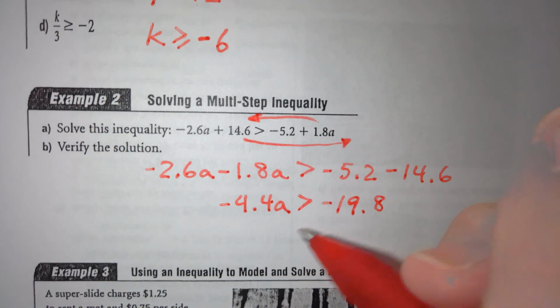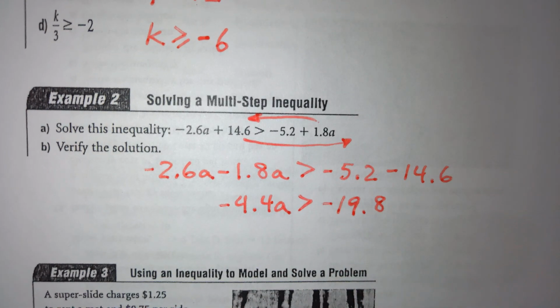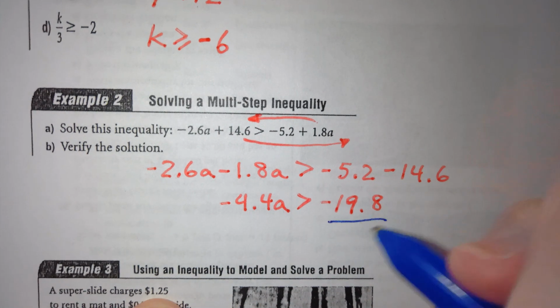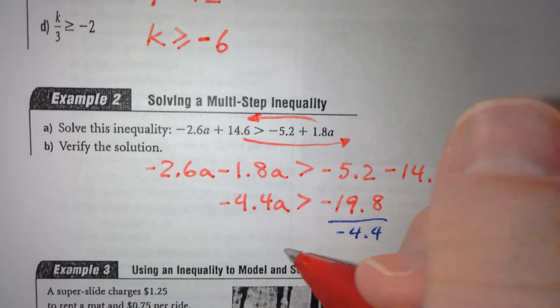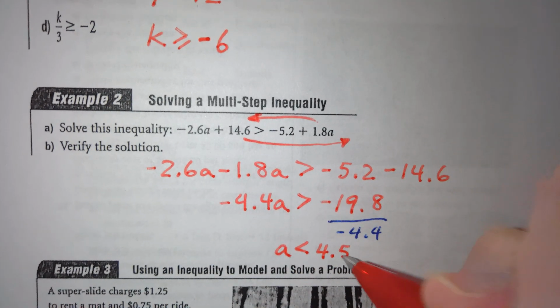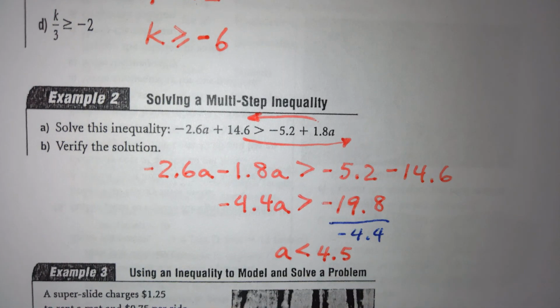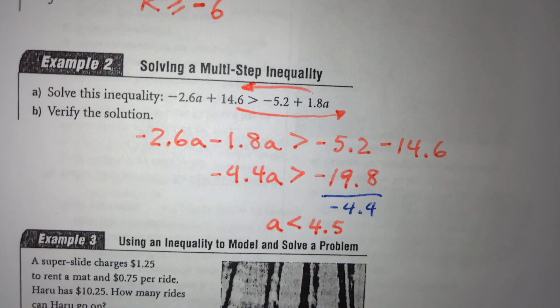Yeah. Okay. And then I flip the sign because you have to divide by negative. Less than 4.5. So that means A is less than 4.5. Good. Is that what everybody got? Good. Okay. Bessie says yes.